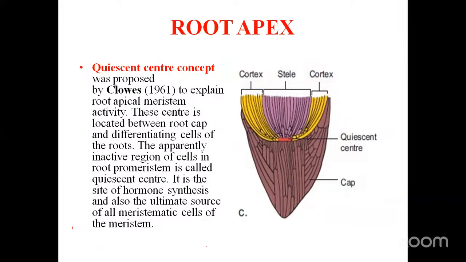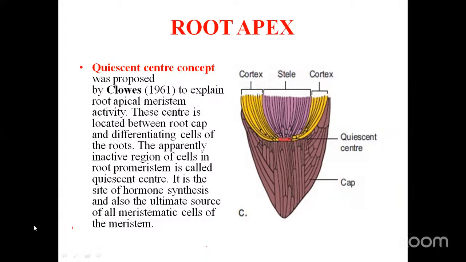And the quiescent center concept. It is a very important concept. Actually, this was proposed by Clowes to explain root apical meristem activity. This center is located between the root cap and the differentiating cells of the roots.